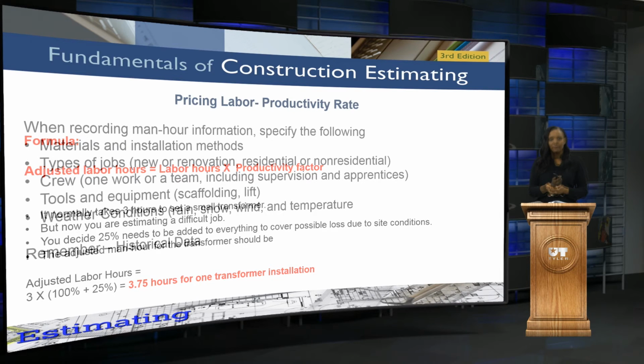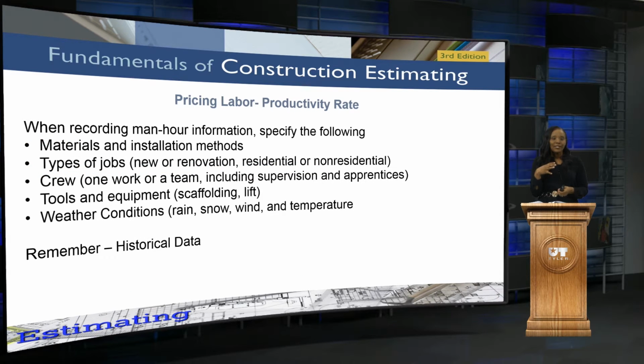Okay. Now, there are a few things to consider when we're talking about recording man labor information. The first thing is going to be the materials and the installation method, okay? Just thinking through that process. The types of jobs. Is this a new construction project or is it a renovation project?